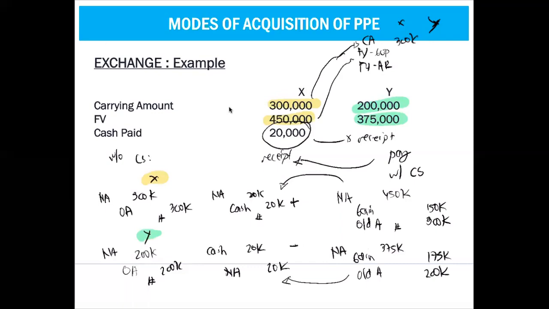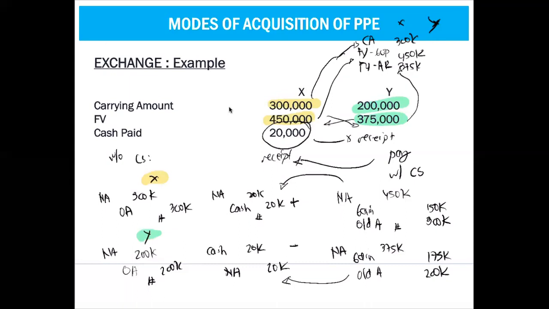Fair value of asset given up is 450. Fair value of asset received. Whatever is the fair value of Y is the fair value of asset received for X. So 375 naman dyan. Ganun siya.